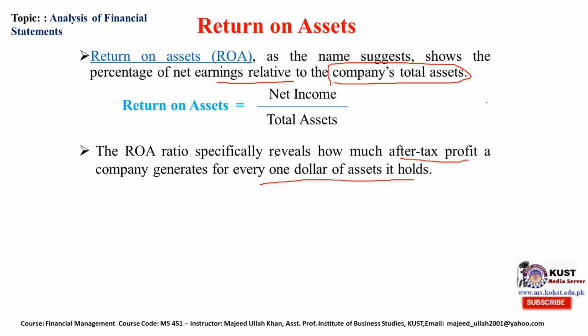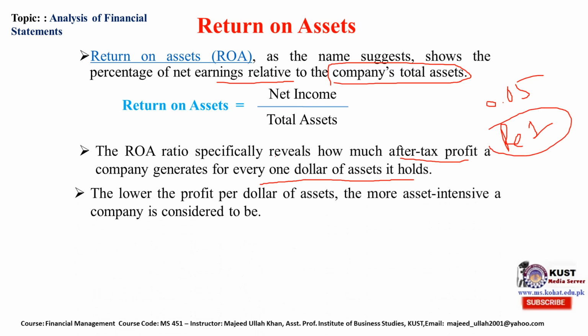Let's suppose this ratio is 0.05, it shows that for each 1 rupee invested in the assets, it generates 5 paisa on this total 1 rupee investment.